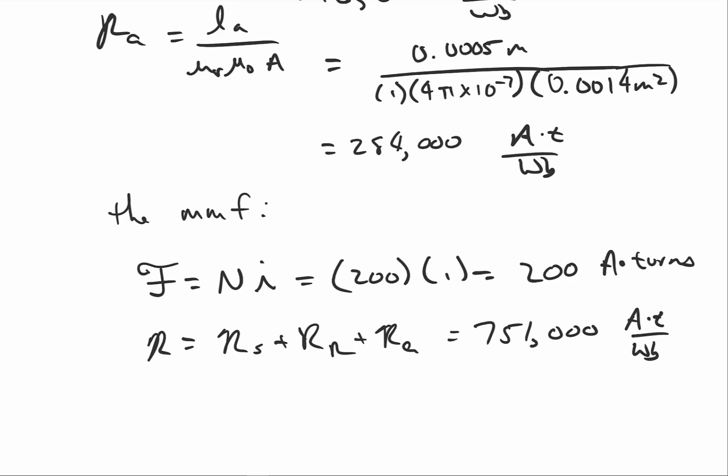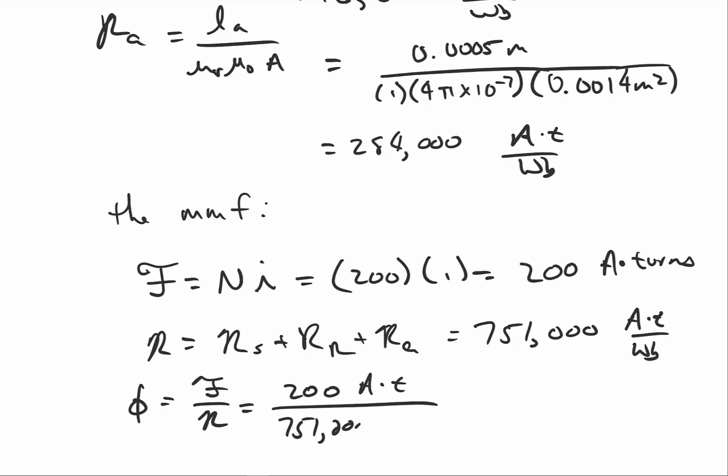So the flux is 200 ampere turns over 751,000 ampere turns per Weber, and this gives us 0.000266 Webers. So that's our flux.